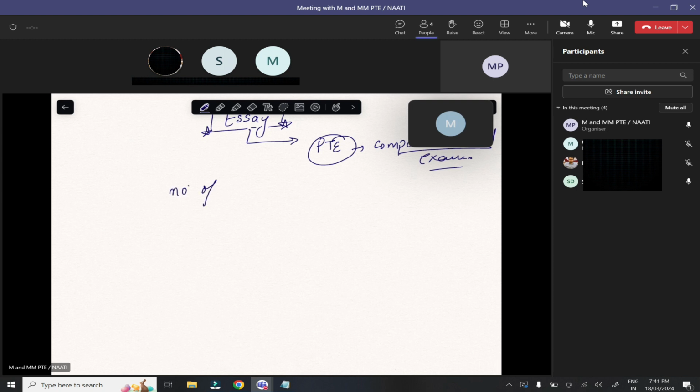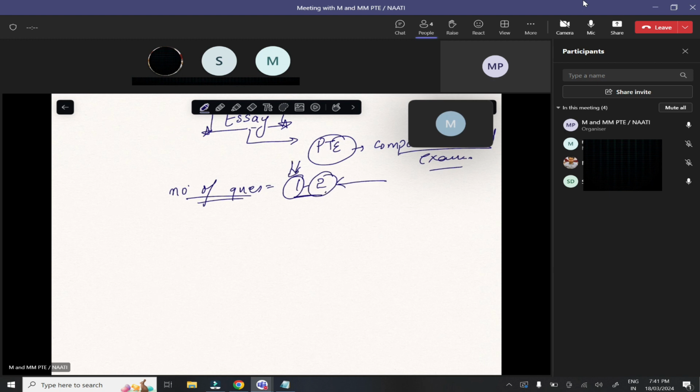First things first, in terms of number of questions, you either get one essay in the exam or two essays. Most likely you will be getting one essay, though there is still a chance you might end up getting two. To give you an idea, if 50 of our students give the PTE exam, about two students would get two essays and the other 48 would only get one.